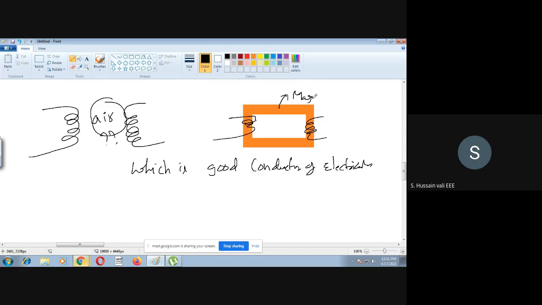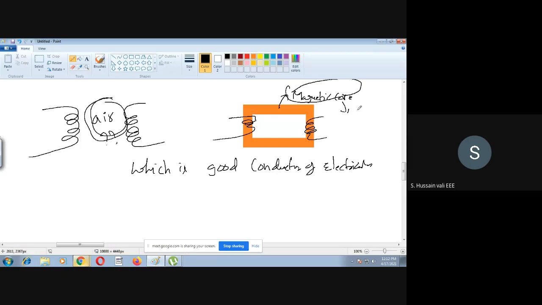In one case air is the medium, in the other the magnetic core is the medium. The magnetic core is generally made up of CRGO steel or any other ferromagnetic material. When you compare air with a ferromagnetic material, obviously the magnetic core is the better conductor of electricity, which can pass more electric current.